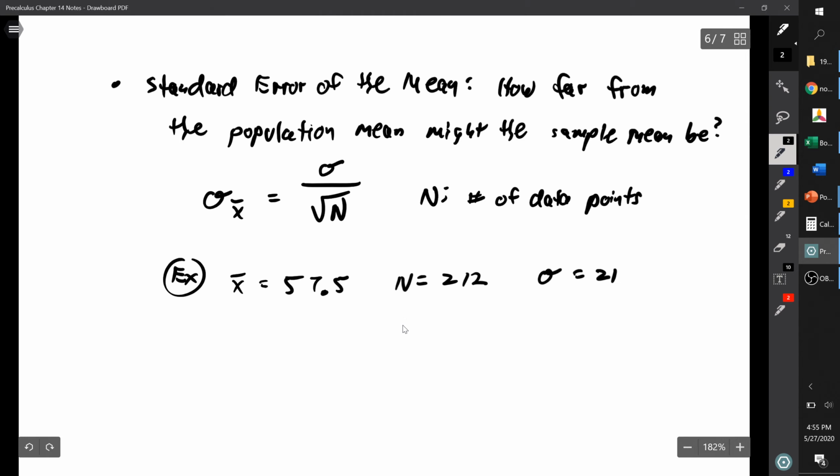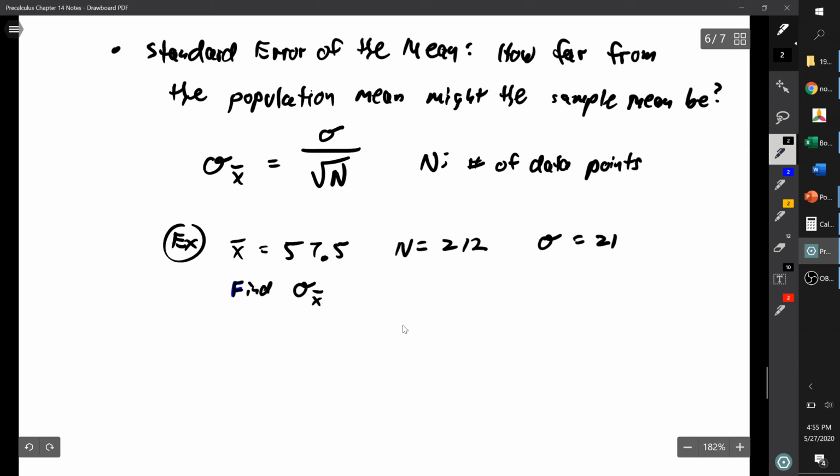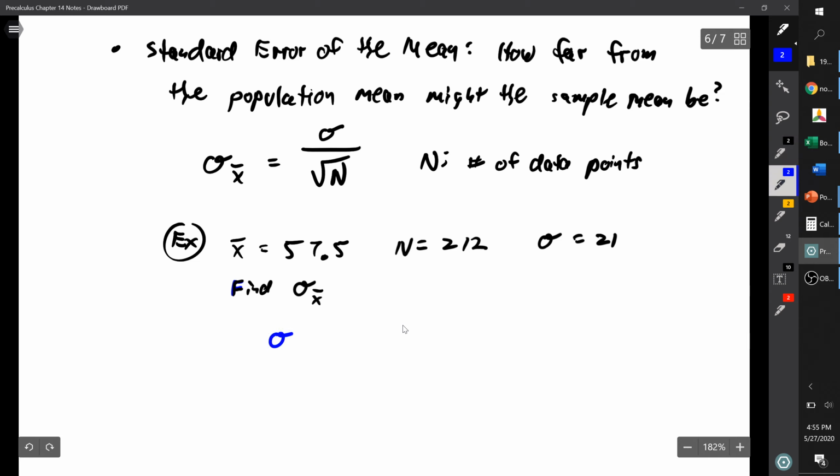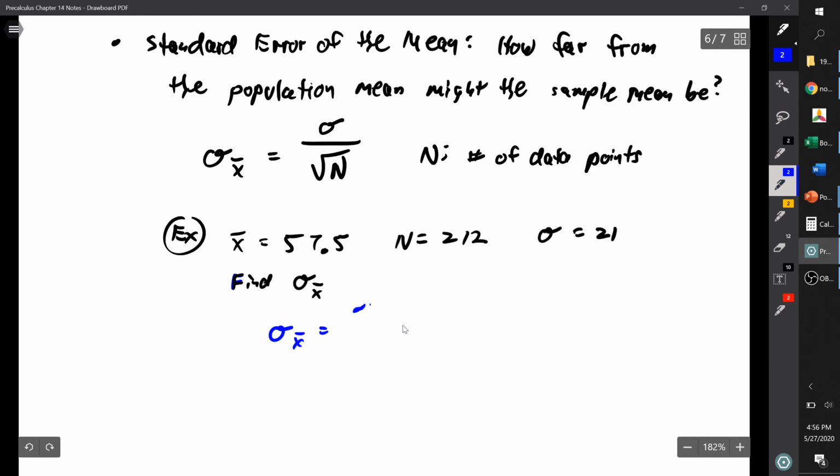All right, well, let's find sigma sub x bar. Find the standard error of the mean. Okay, well, sigma sub x bar is sigma, which is 21, divided by the square root of the number of data points we had, 212. And so let's see what we get. 21 divided by the square root of 212 is 1.44.